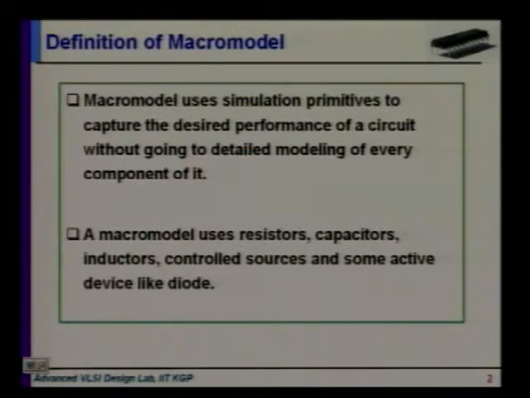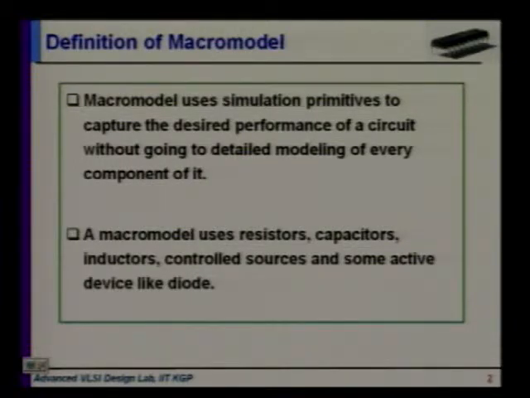So your design is very much dependent upon what process you are using. In a macro model, you start from the specification of the circuit and derive a model based upon those RC, control source and diode parameters that can be simulated in any available SPICE simulator. So that is the utility of macro model.